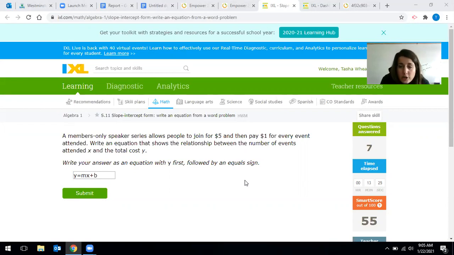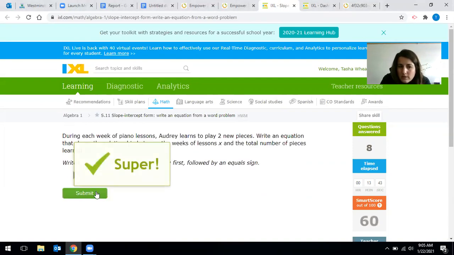So the starting amount or the initial payment is that $5 because you're paying that to join. So that is your b value. And then the rate at which your cost could increase would be $1 every time you have an event. So that's your rate of change. So it would be y = 1x + 5. Awesome.